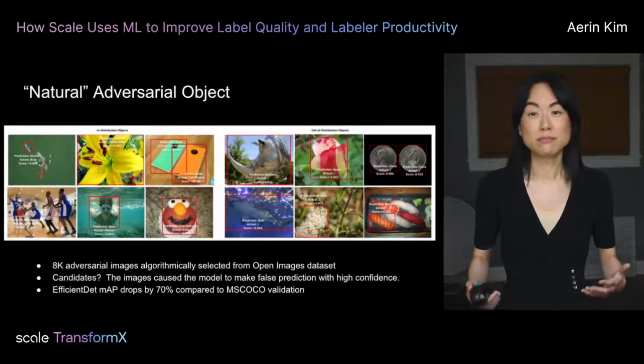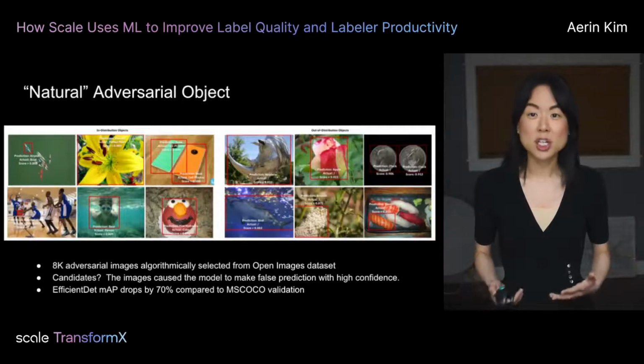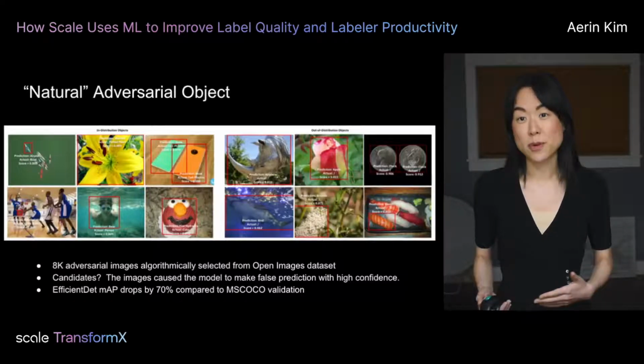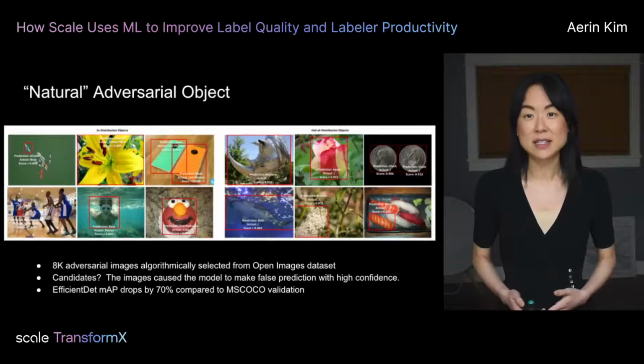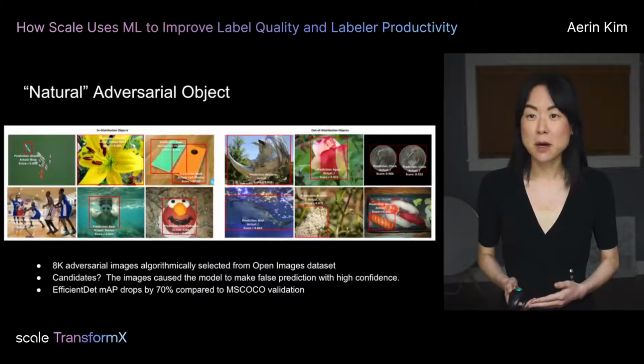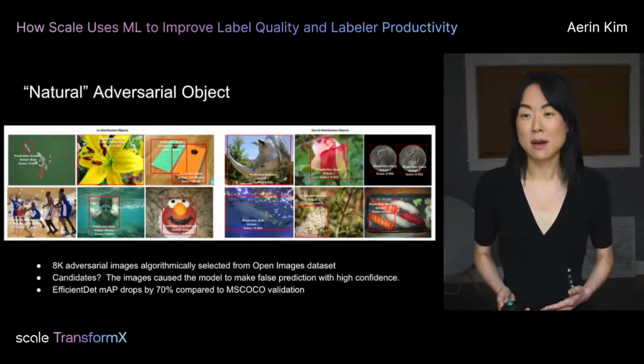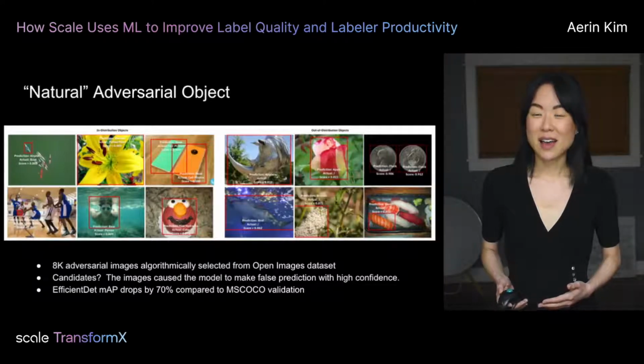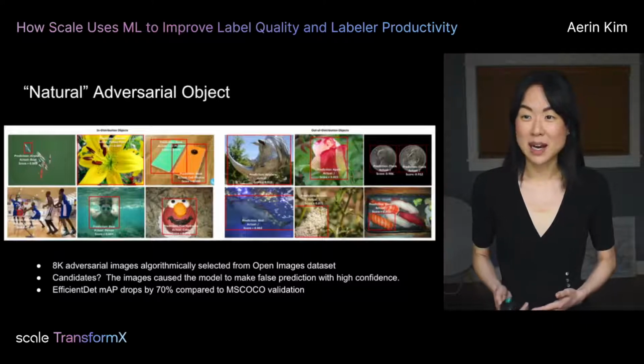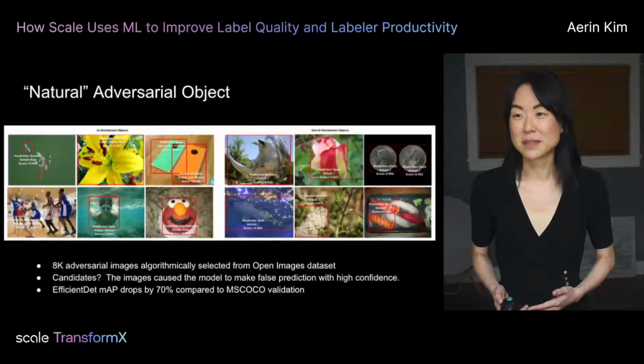And broke here means that the image caused the model to make false predictions with high confidence. For example, if you look at this image, the model is very sure that this woman is a bear, and this red Elmo cake is a fire hydrant, and this yellow flower is a banana, and the salmon sushi is a carrot.